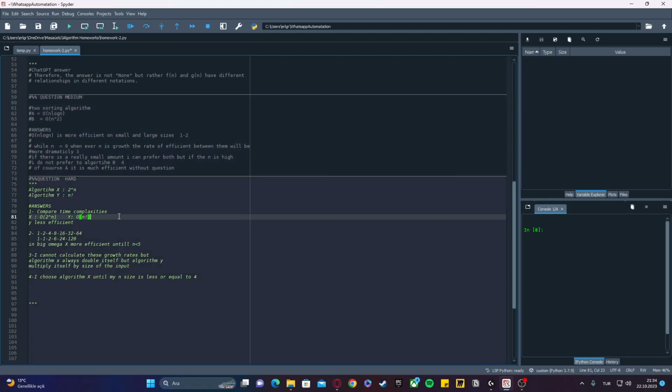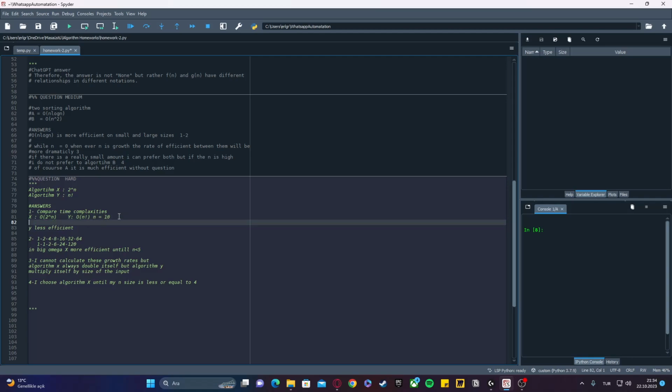U is less efficient because, let's imagine n equals 10, let's say, X will be 1024, and probably I cannot even calculate the value of 10 factorial. Actually, I expand a little bit here.